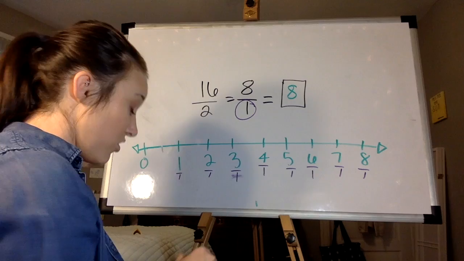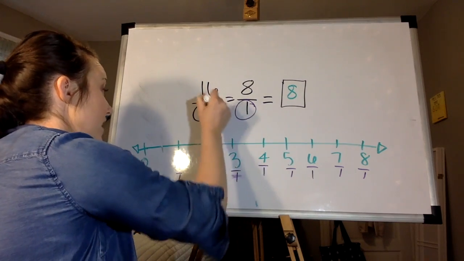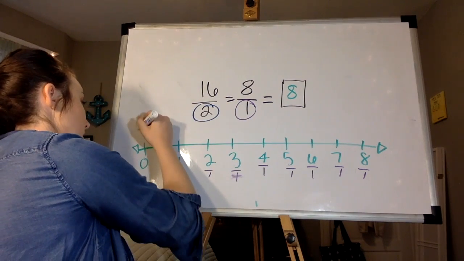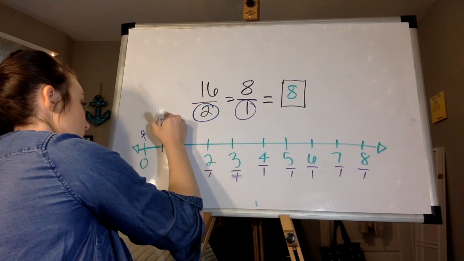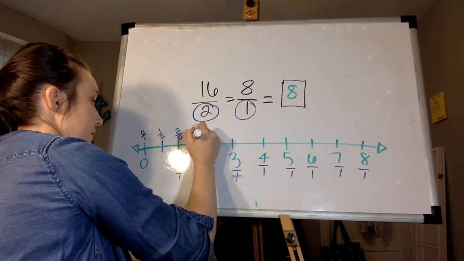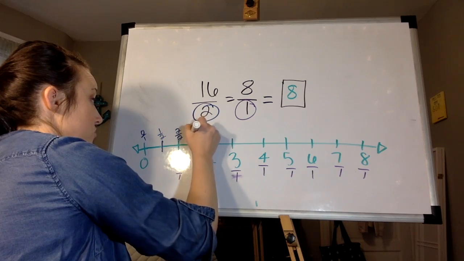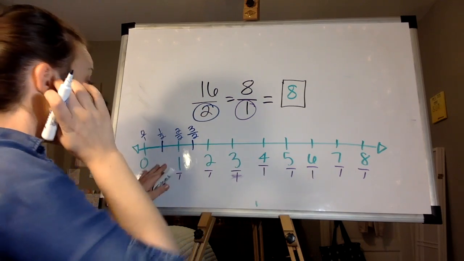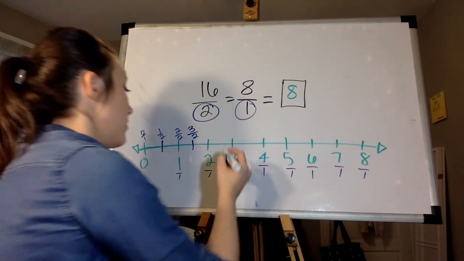Now if I wanted to look at it in the form of halves, I would just add a unit fraction of 1/2 to each one.